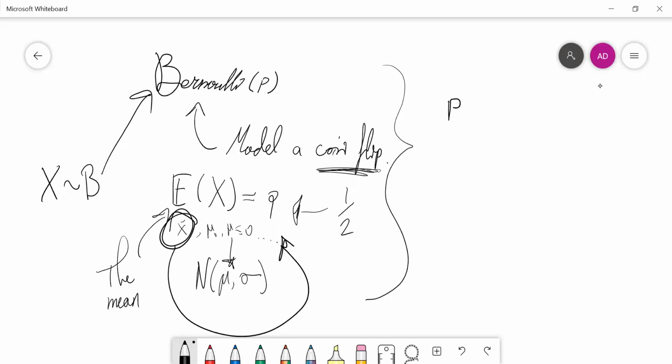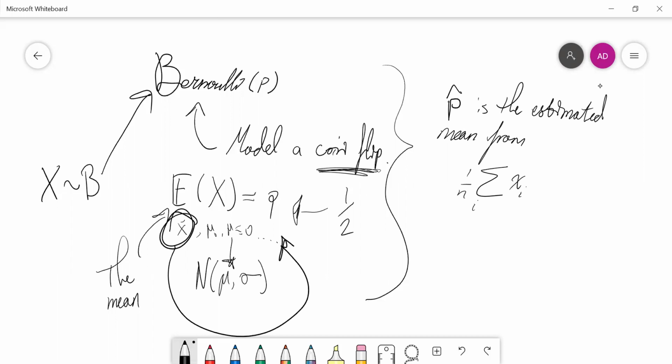So p hat is the estimated mean from 1/n sum of x_i. Okay, and this is what's going to happen. This is what you'll end up finding.